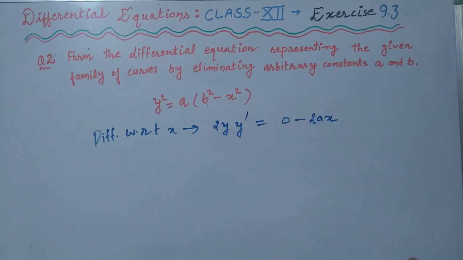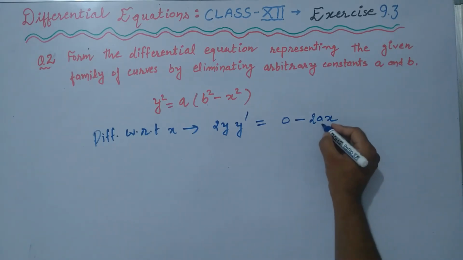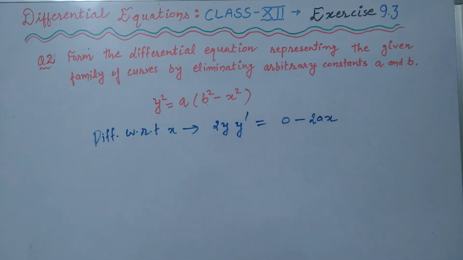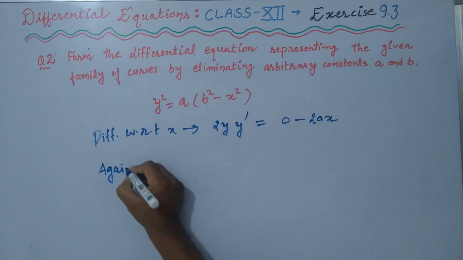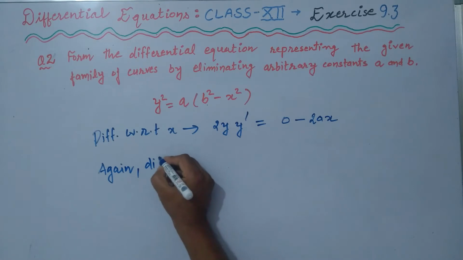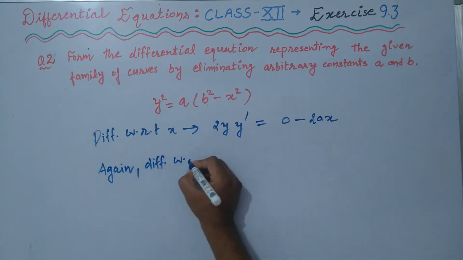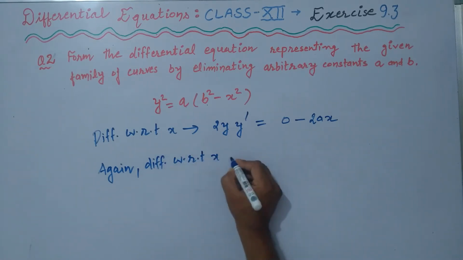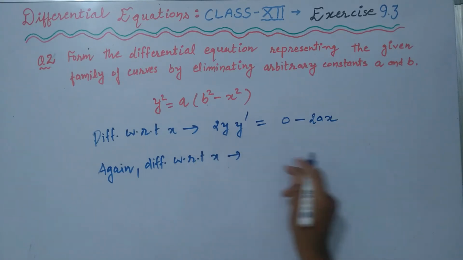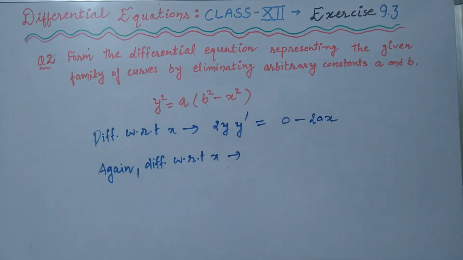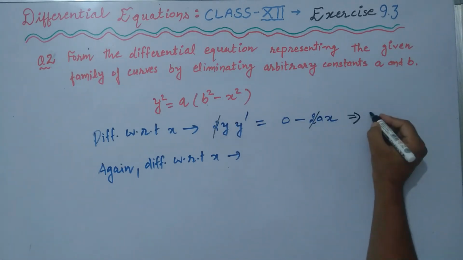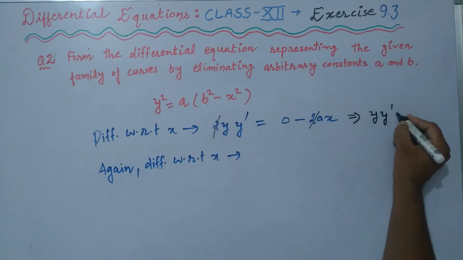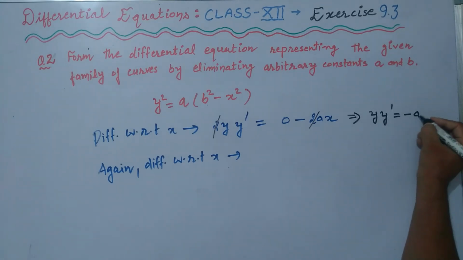Right? Now we can find the value of a from this equation. Moreover, 2 is cancelled on both sides, so what we are left with is y into y dash is equal to minus ax.